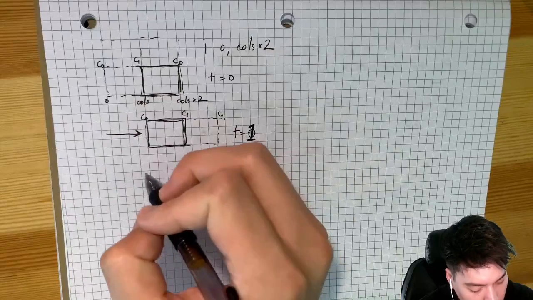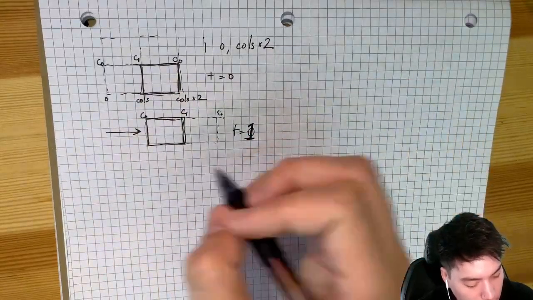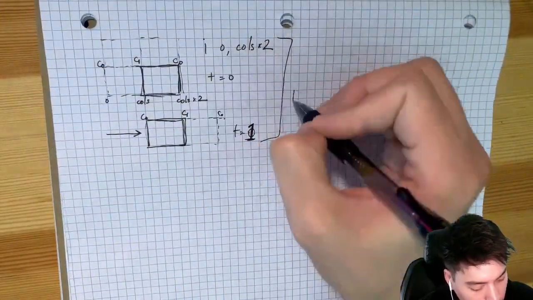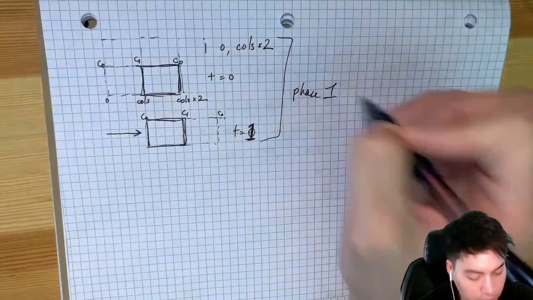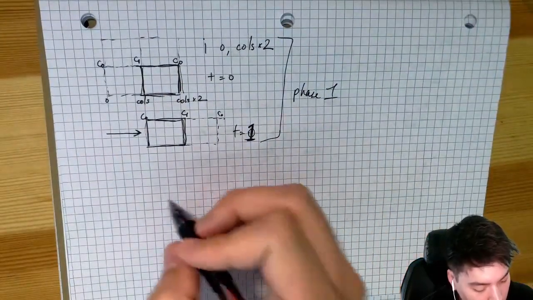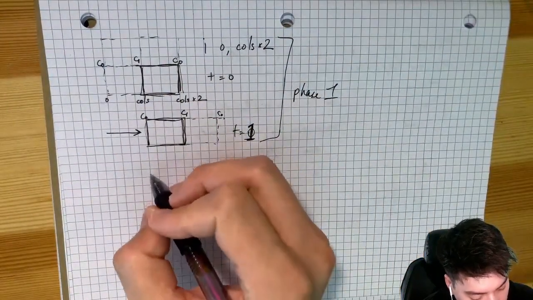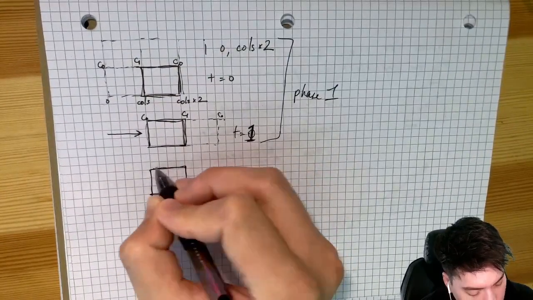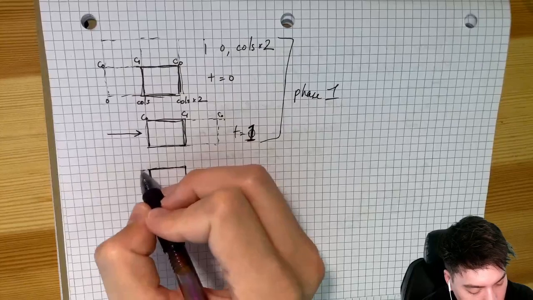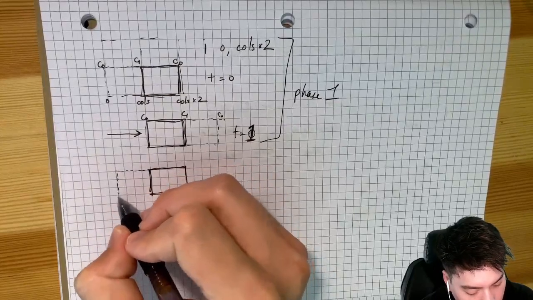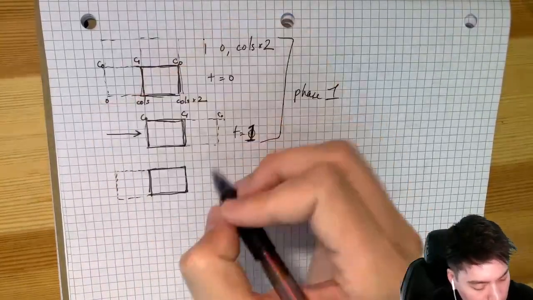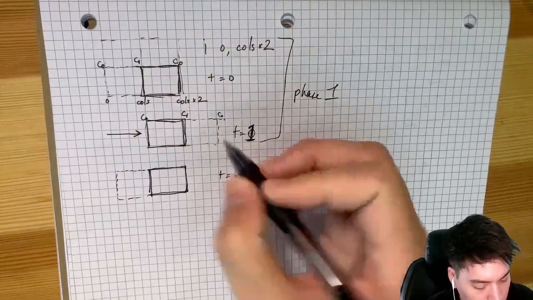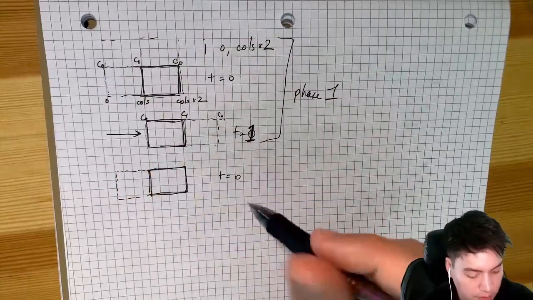So I need to have another way. Let's say that maybe this is all phase 1 of my color mapping, and then phase 2, I know that I've reset the position of all my shapes, so they're back to like they were over here when t was equal to 0, just like before, because we reset t back to 0.